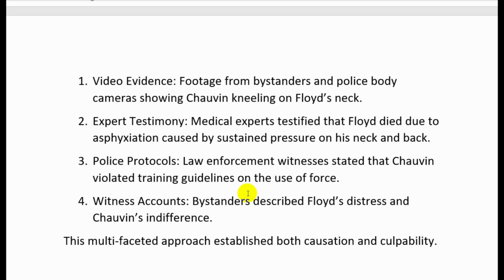That is, he was not able to breathe. Police protocols: law enforcement witnesses, that is, the fellow police officers, stated that Derek violated training guidelines on the use of force. And the witnesses and the bystanders described Floyd's distress and Derek's indifference. This multifaceted approach established both causation, the cause, and the culpability.